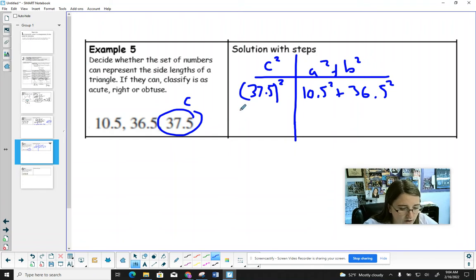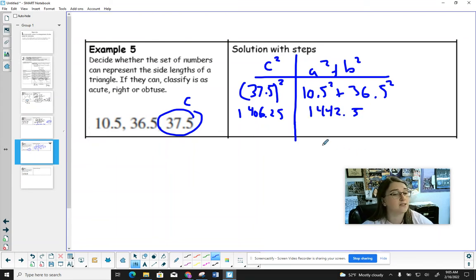So 37.5 squared, I got 1406.25. I'm not going to round this because I need to make sure it's exactly the same. If I round it, it might not look exactly the same, and it needs to be exactly the same. Okay, and here I got 1444.25. So now let's compare. What's going to go in between? Is this going to be an equal sign, a less than sign, or a greater than sign?